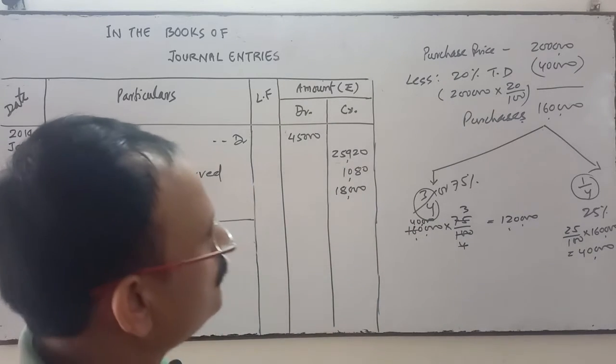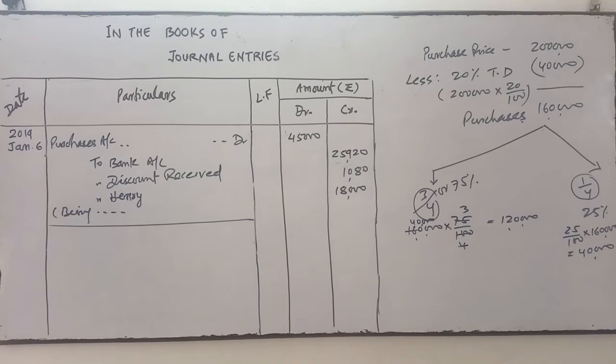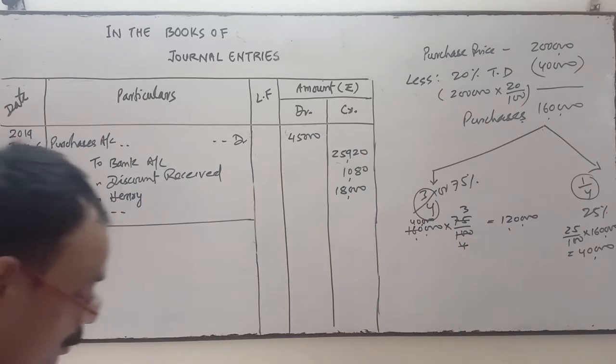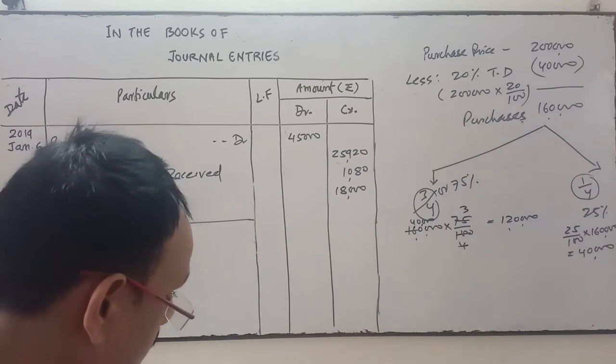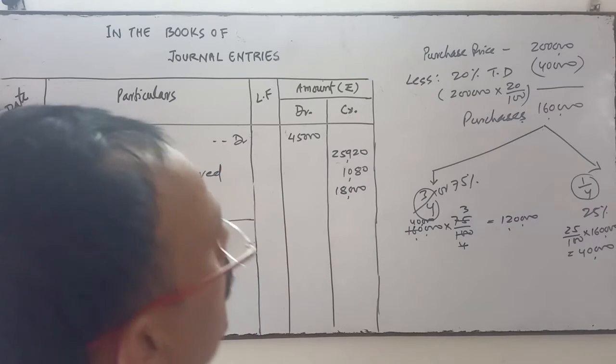When you purchase the goods and you are going to do the payment, in this question the cash discount is how much? 5% is the cash discount.